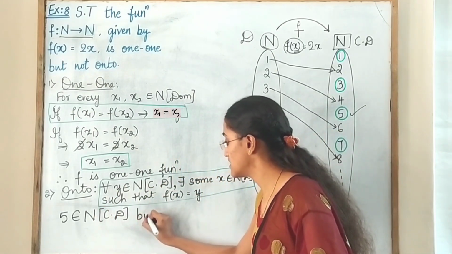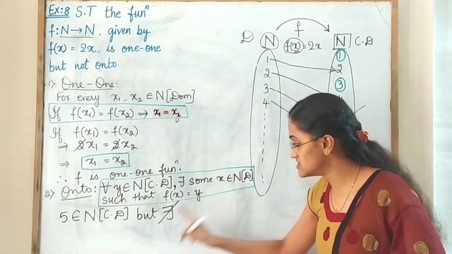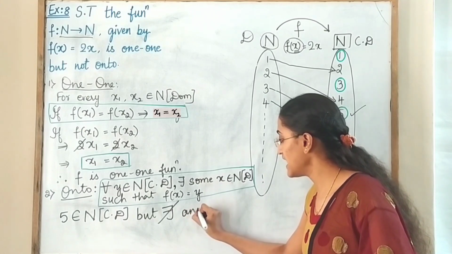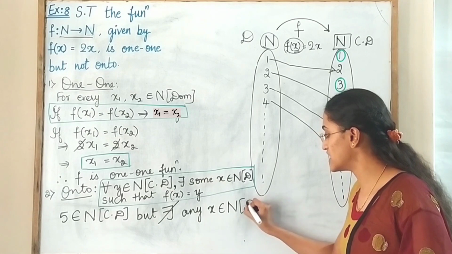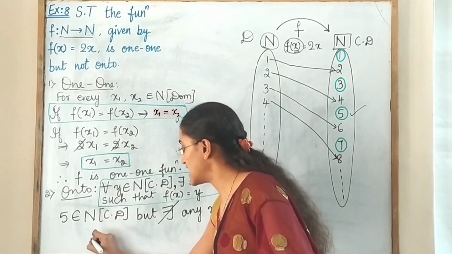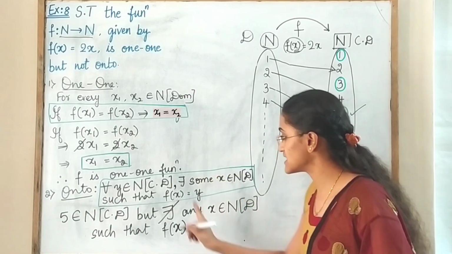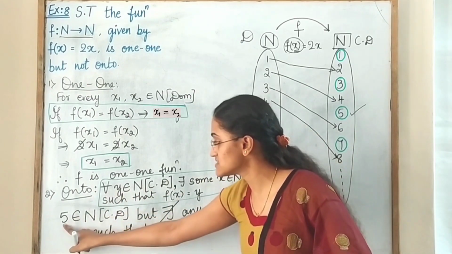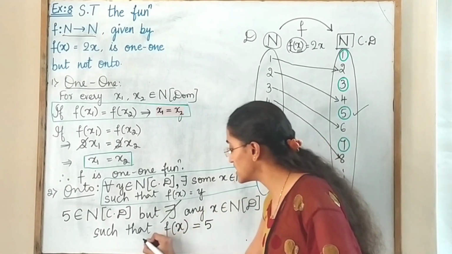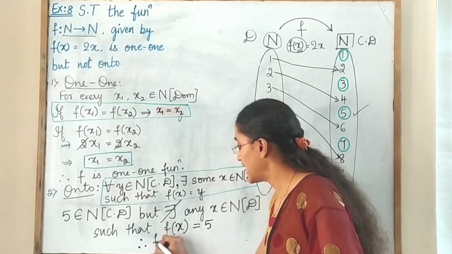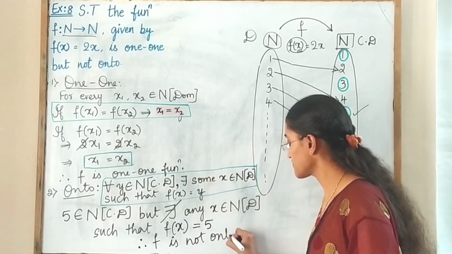But there does not exist any x which belongs to N from the domain such that f of x is equal to, I've chosen y as 5. f of x is equal to 5. And hence you can now conclude that therefore f is not onto.